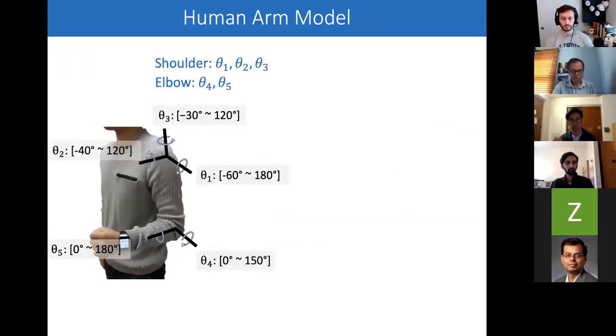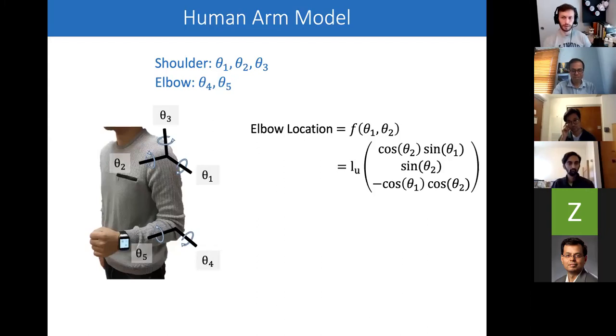So this is where you can basically model it using trigonometry, where you can say, look, my elbow location is a function of θ1 and θ2. Look at θ1 and θ2 on the shoulder. θ1 is this motion. θ2 is this motion.